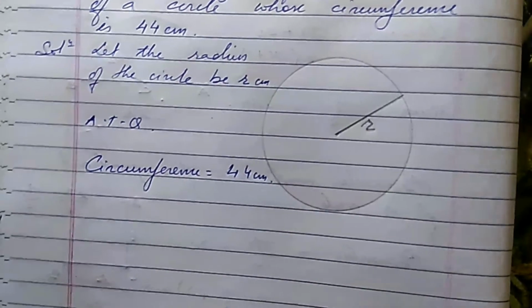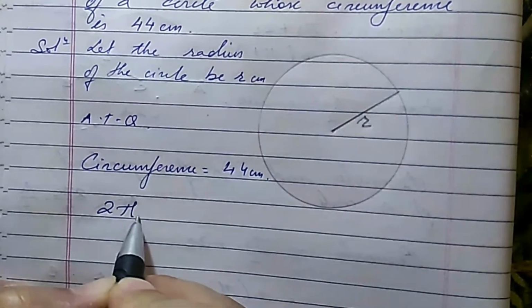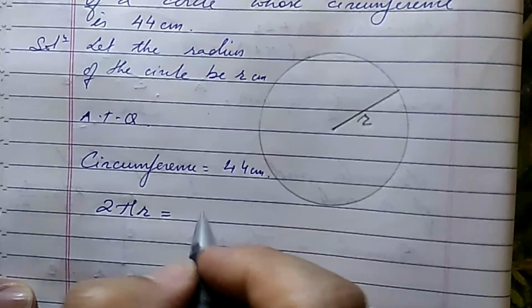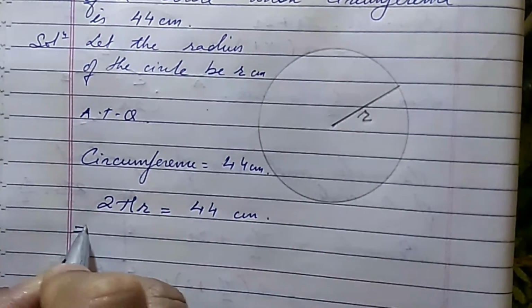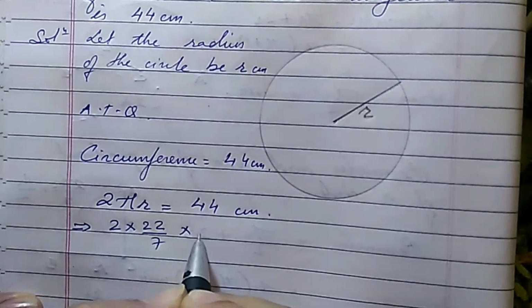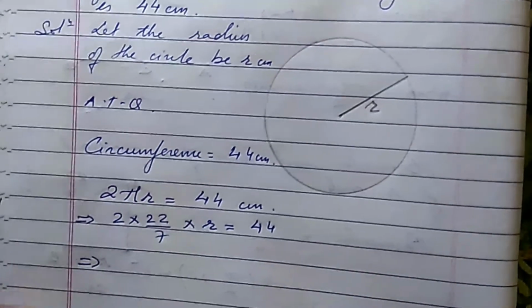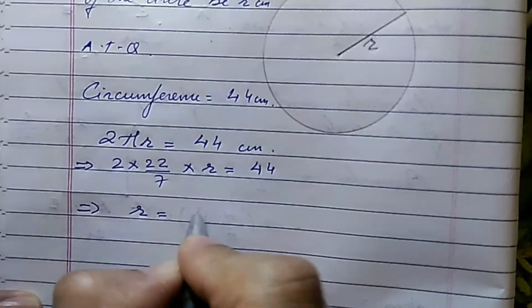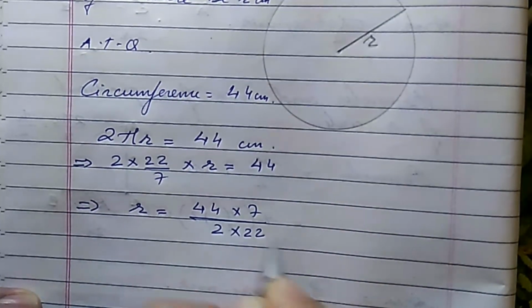But what is the formula for circumference? We use the formula 2 pi r is equal to 44 centimeter. 2 into, what is the value of pi? 22 by 7. We need to find first what is the radius. When we cross multiply, then we get 44 into 7 divided by 2 into 22.